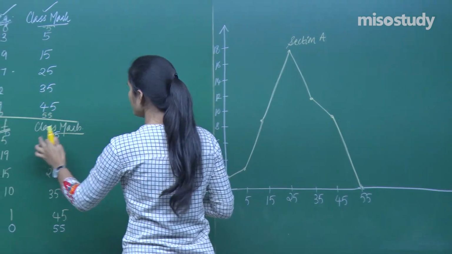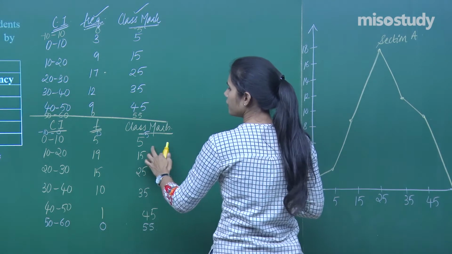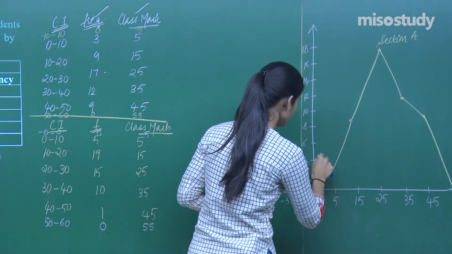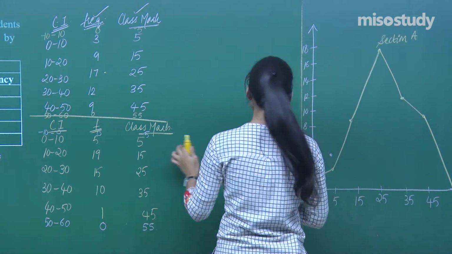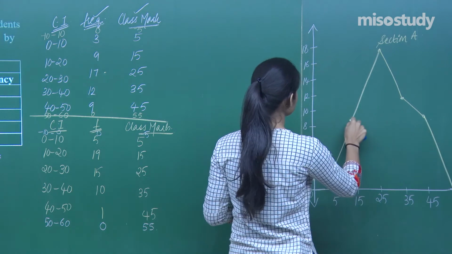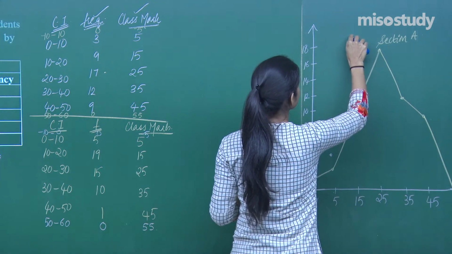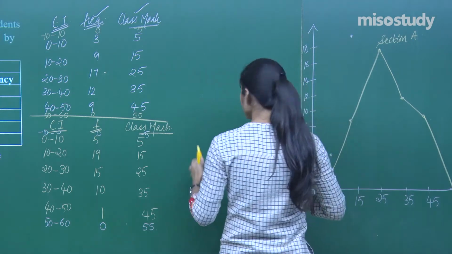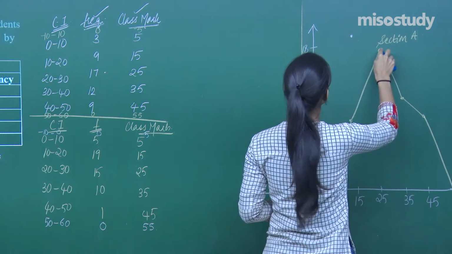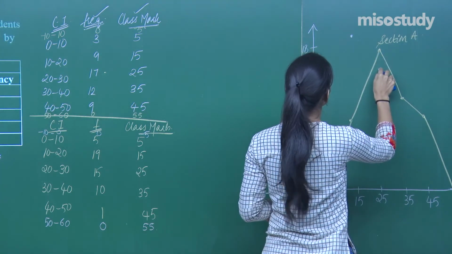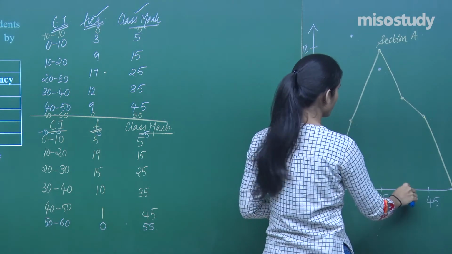Next you have -5 comma 0 again. Then you have 5 comma 5 here. Then you have 15 comma 19. So this is 10 and somewhere here is 19. Then 25 comma 15. Somewhere here is going to be 15. Then 35 comma 10.